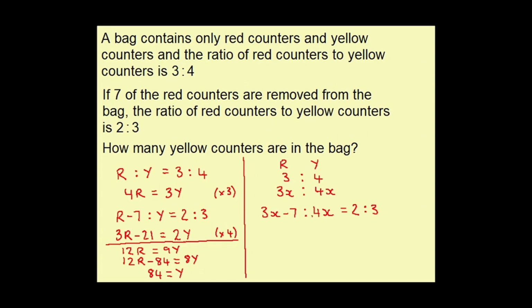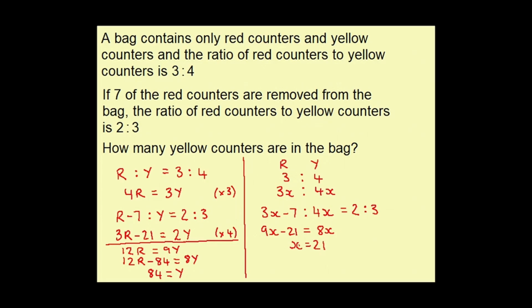From this, I can make an equation without ratios. 3 multiplied by 3x minus 7 is 9x minus 21, and 2 multiplied by 4x is 8x. I can now solve this equation. So solving this equation gives me that x is equal to 21.